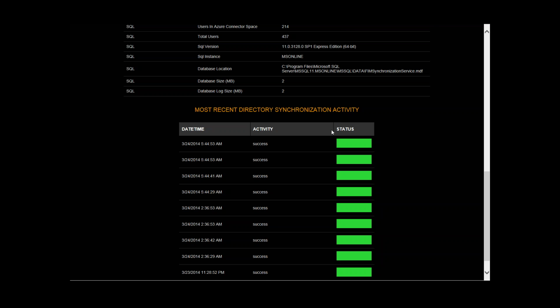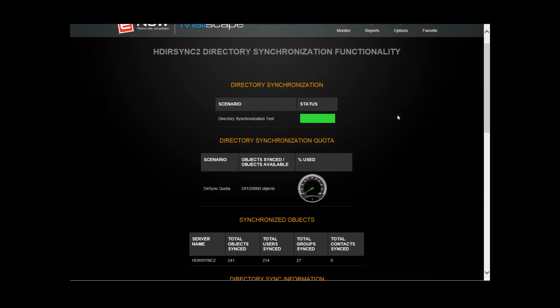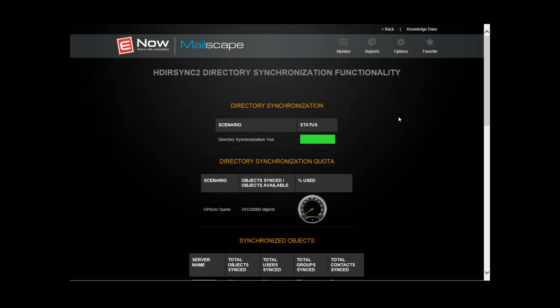That way you immediately know what kind of issue you're facing, and it prevents you from having to log on to the DIRSync server, opening the service manager, and having to take a look yourself. So that's what we are trying to be, as a sort of one-stop shop, to help you troubleshoot and reduce the mean time between failure and resolution of the problem.